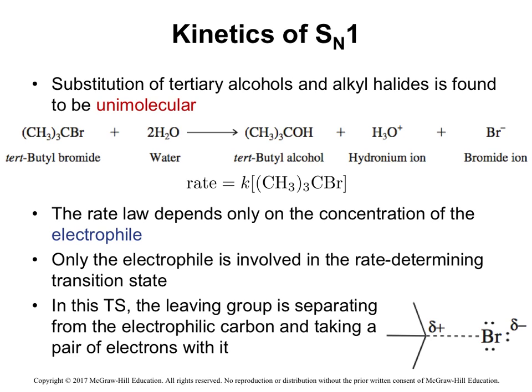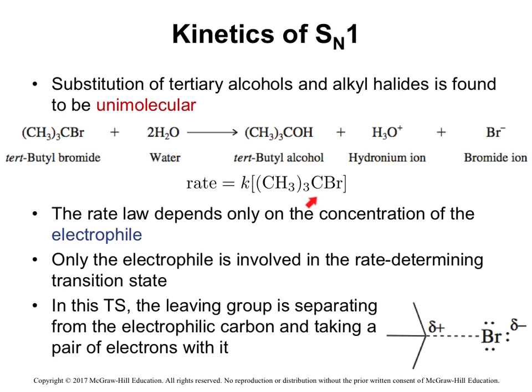So SN1 is unimolecular. Tertiary alcohols always will undergo SN1. Tertiary alkyl halides undergo SN1. Most of the secondaries will also undergo SN1. Okay. And because of that, remember when we did it with the alcohols, the rate was, there's always that little k, but the rate was due to the concentration of the alkyl oxonium ion, which had to do with the alcohol.